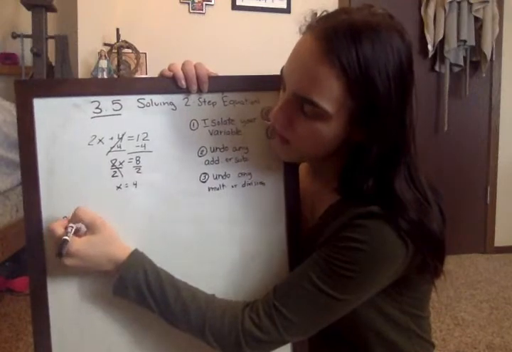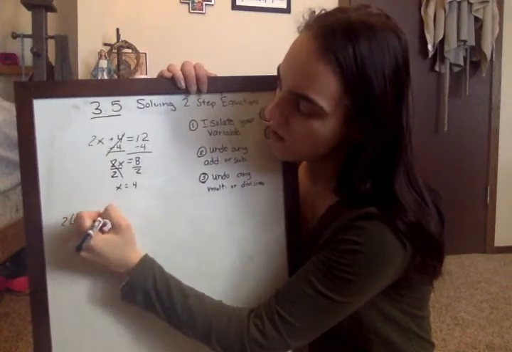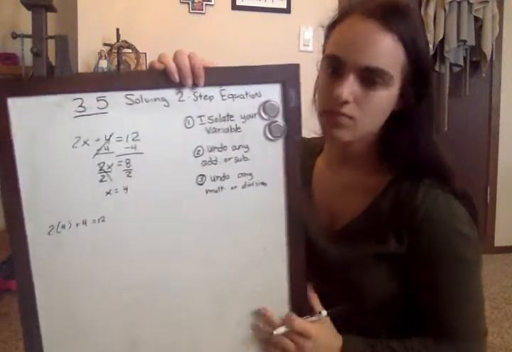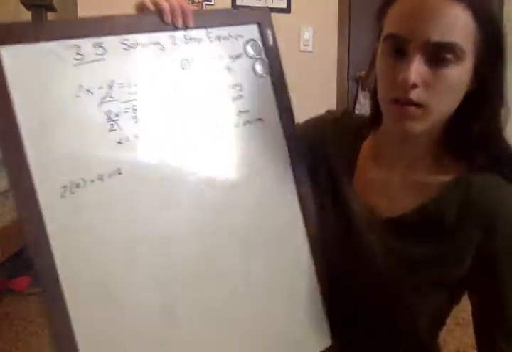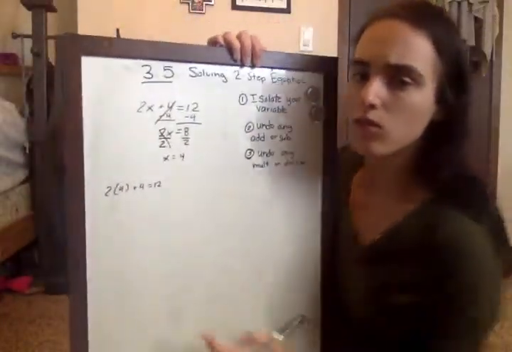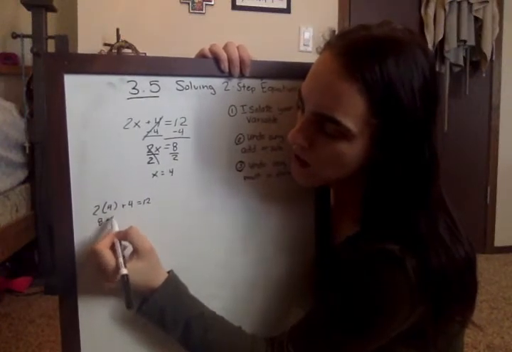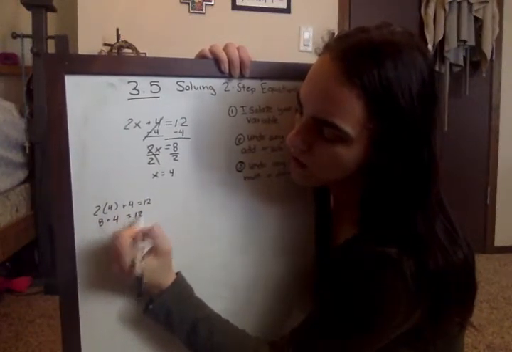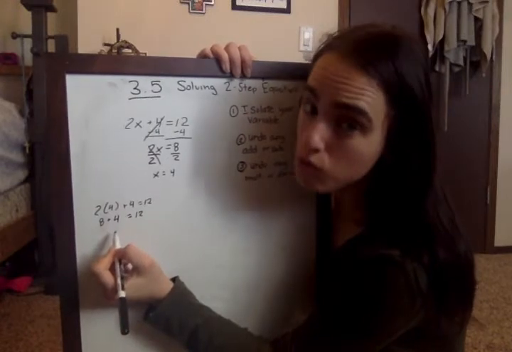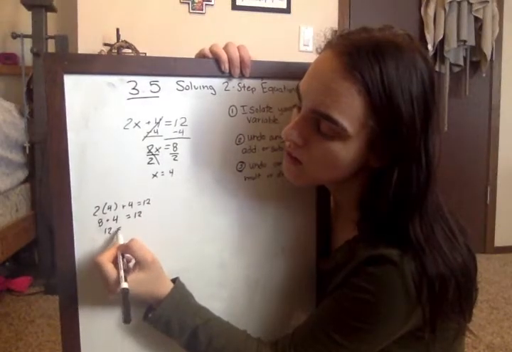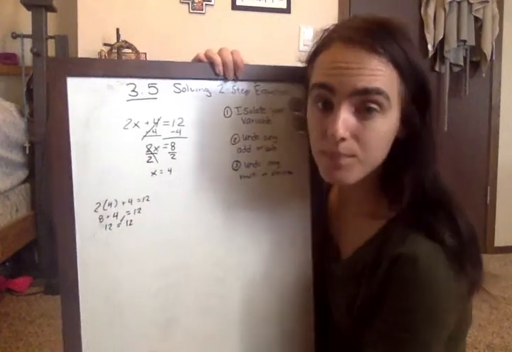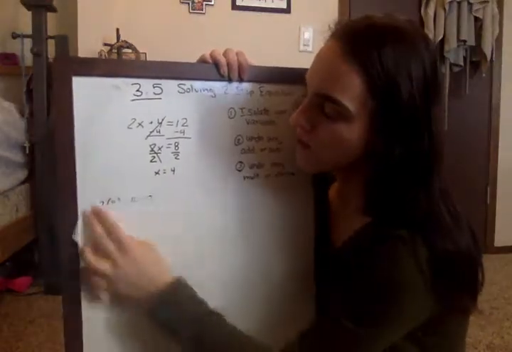So I have 2 times 4 plus 4 equals 12. What's 2 times 4? It's 8. Plus 4 equals 12. 8 plus 4 is 12. Does 12 equal 12? Yep, we're good to go. We solved it correctly.